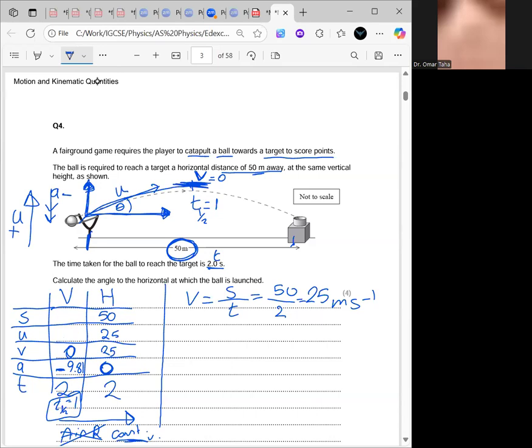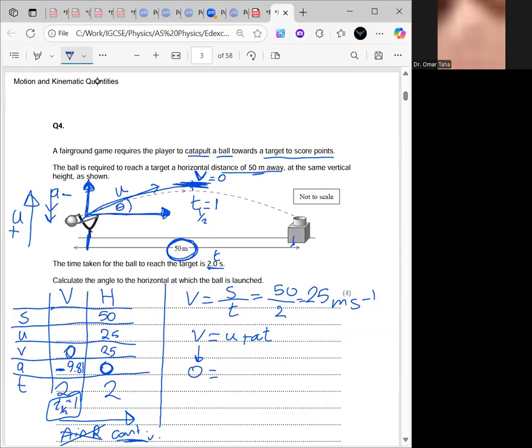Now we can simply get this U. How are you going to get this U? The thing that we don't have is S. So which kinematic equation of SUVAT can we use? You're going to use V equals U plus AT. This is very good. This V here is given to us as 0.